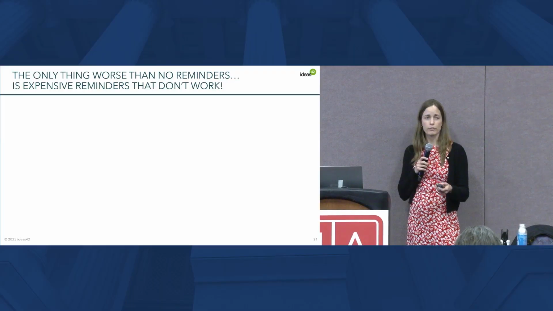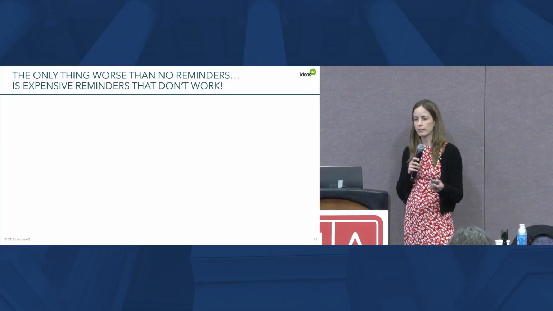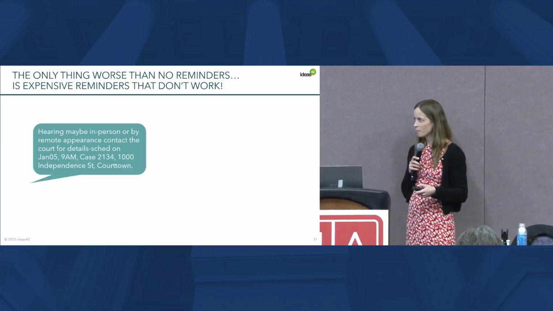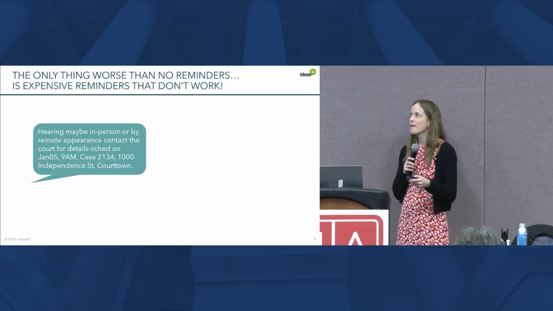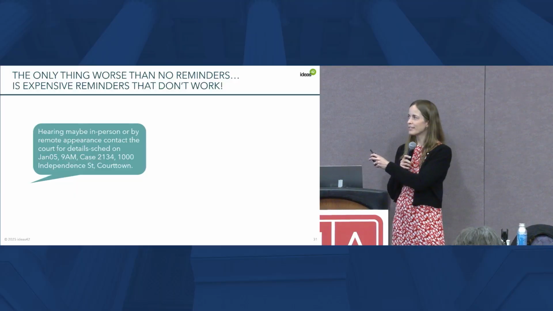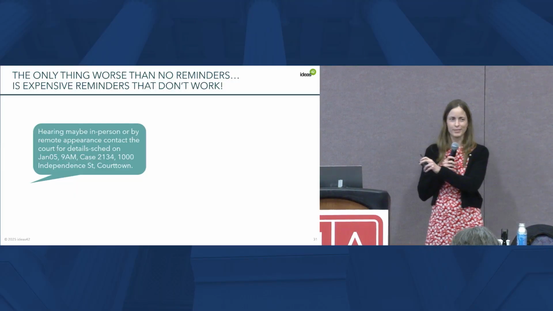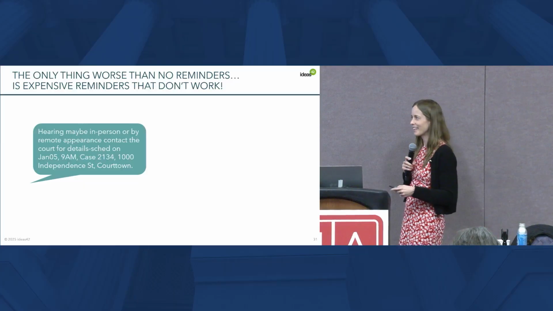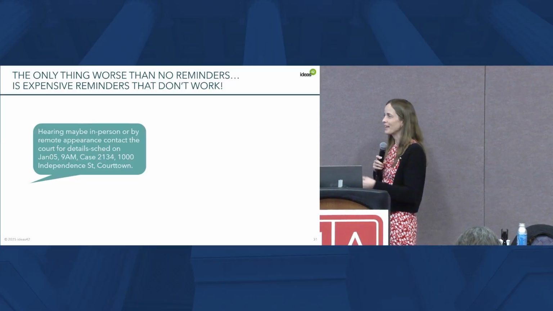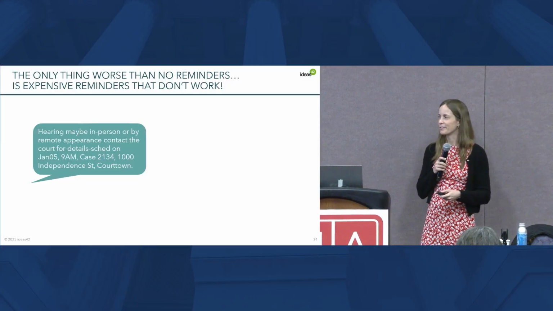First, they might not be using effective content in their reminders. Here's an example. This is a real text message sent by a real court. I won't say which one. But if you received this text message, would you feel totally certain of what you should do? See if you know, head nods. So yeah, maybe the information's not clear.